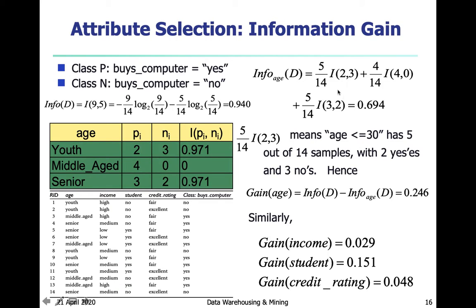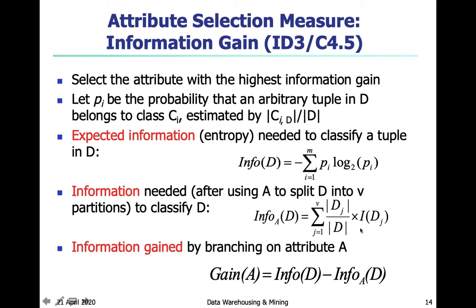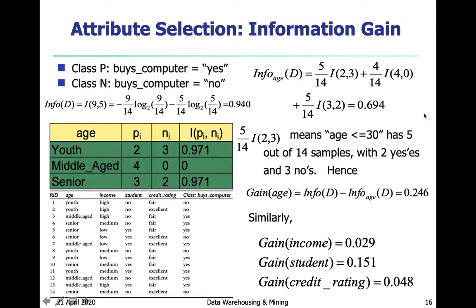This is the entropy of youth according to this example. Next, for the middle age, this is 4 by 14 because the total number is 4. And then plus 5 by 14, and this is 0.694.